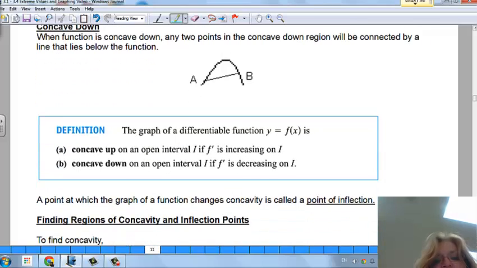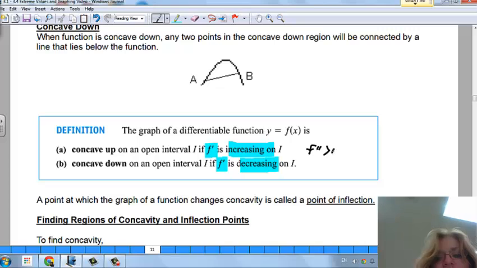The graph of a differentiable function y equals f of x is concave up on an open interval if f prime is increasing, and concave down on an open interval if f prime is decreasing. So another way to say this is if f double prime is greater than 0, or positive, which means that f prime of x, our derivative, is increasing.